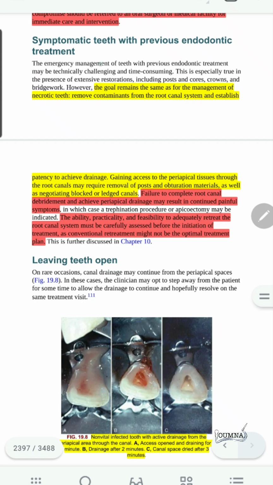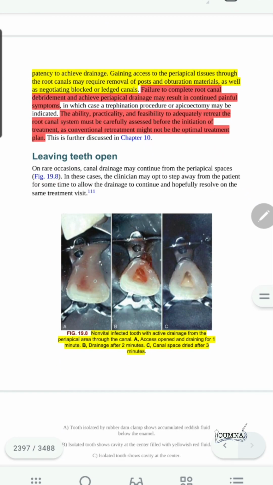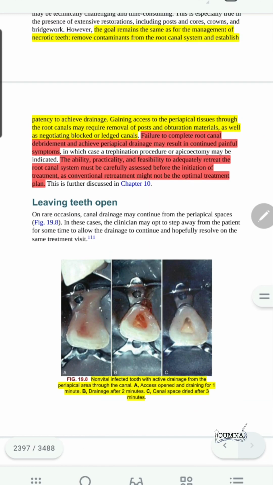Now, if we have asymptomatic teeth with previous endodontic treatment, and this for me is a nightmare, to be honest, the goal remains to remove the necrotic tissue, which means that we must reach the apical area to make a drainage from the canal.